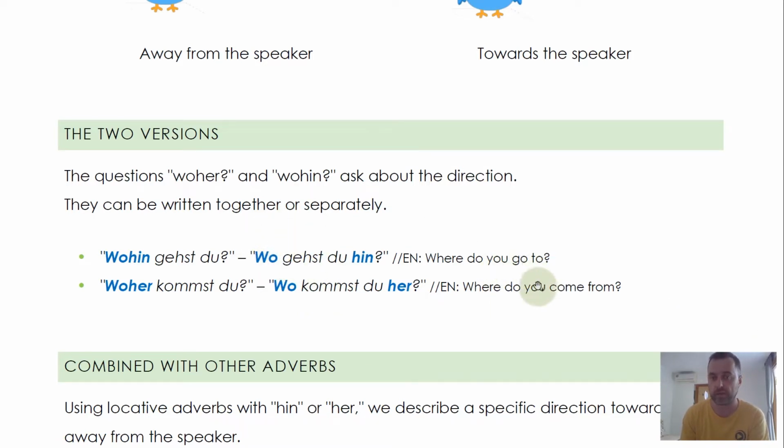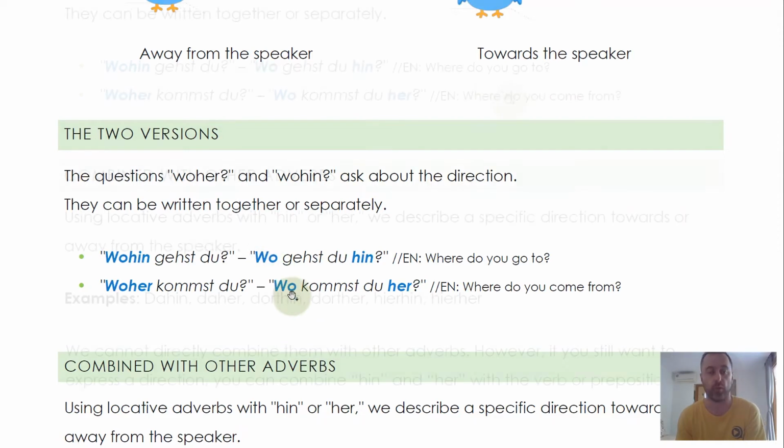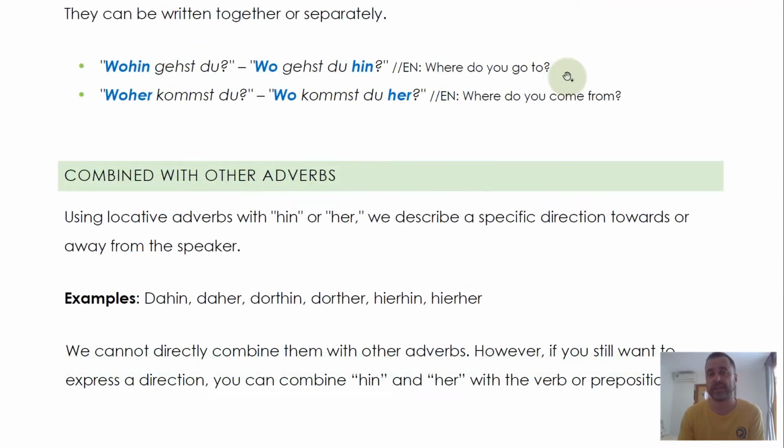It's similar to English, but it's considered a preposition here. So, wo gehst du hin? This is the prefix of gehen, hingehen. Wo kommst du her? Is her kommen as a verb. If we have hin or her included in the verb already, we obviously do not add it again to the question word. So here you can probably easily follow me because it's very similar to English.